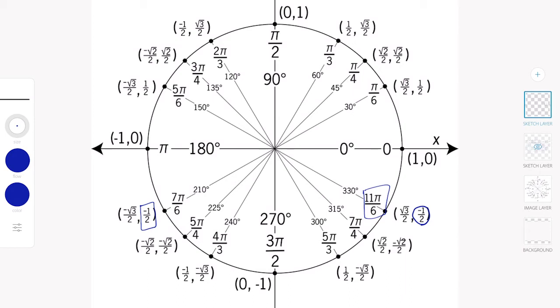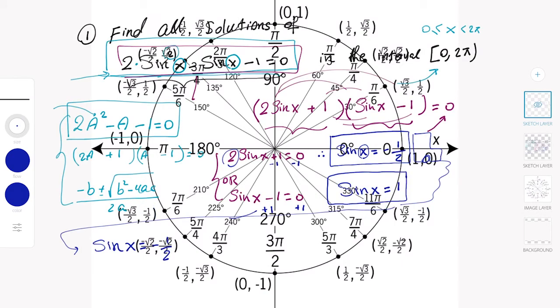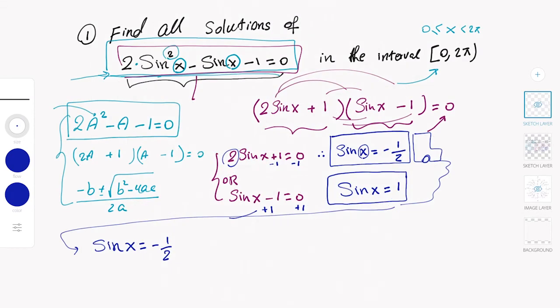So let's go back to our equation. So this x should be 7 pi over 6, so x is going to be 7 pi over 6 or 11 pi over 6.